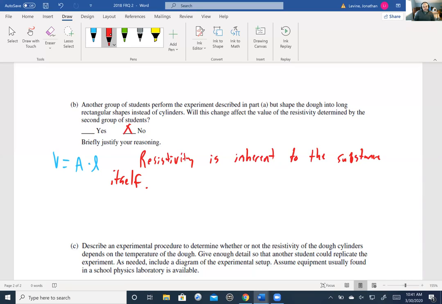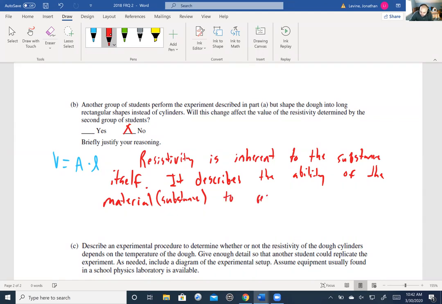It describes the ability of the material or the substance to allow or to resist the flow of charge. Meaning it doesn't really matter how much of the substance you use. As long as you do the same type of experiment, right? The resistivity value should be the same.